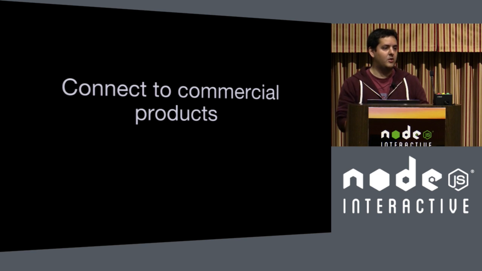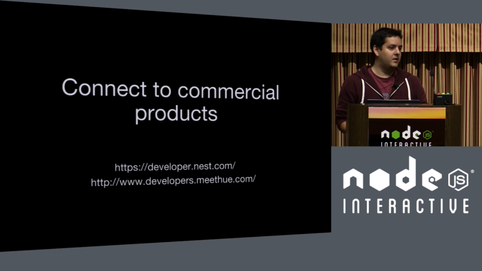So another important goal, as I mentioned, is being able to connect to commercial products. They're really good at what they do, and if you already have them, you will want to connect with them. Luckily, most of these commercial products, or at least the big ones, already have APIs that we can use. It's pretty easy to connect with them.